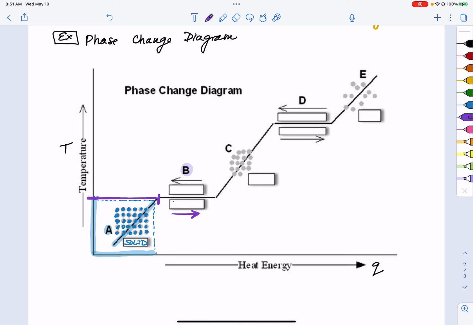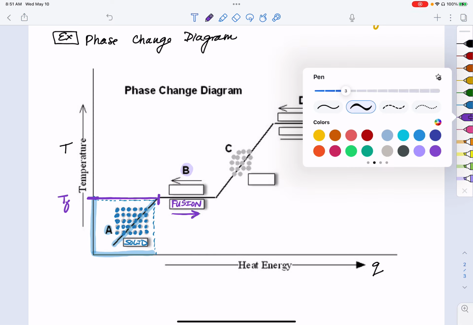So this is our fusion. And this temperature at which we first begin to see signs of a phase change, this is our freezing point. You could also think of it as our fusion point, because if we were to go back down the curve, we would see freezing.